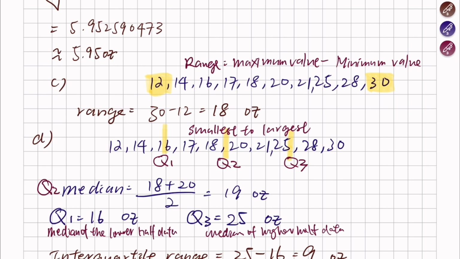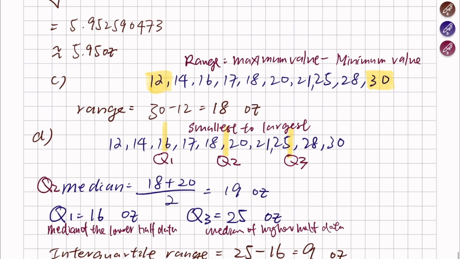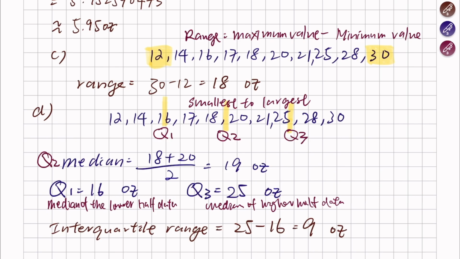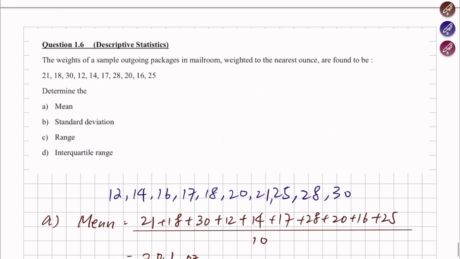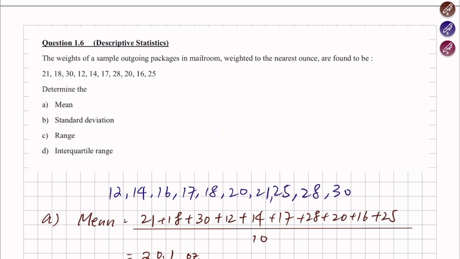And Q3 is the median of the upper half of the data, which is 25 ounce. To calculate the interquartile range, it is Q3 minus Q1, which is 25 minus 16, equal to 9 ounce. So this is the end of question 1.6. Thank you.